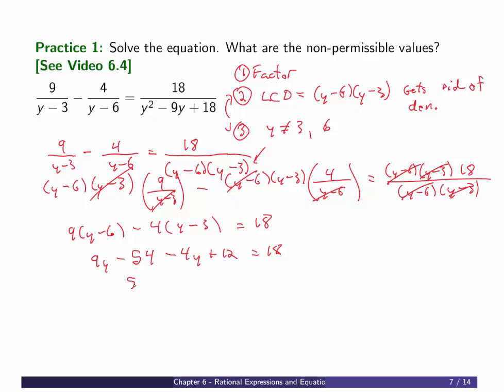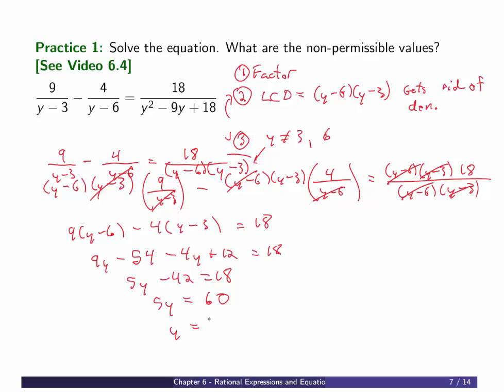So we have 5y, then we have negative 54 plus 12, and that comes out to be negative 42 equals 18. And we're left with 5y equals 18 plus 42, which is 60. So y will equal 12.